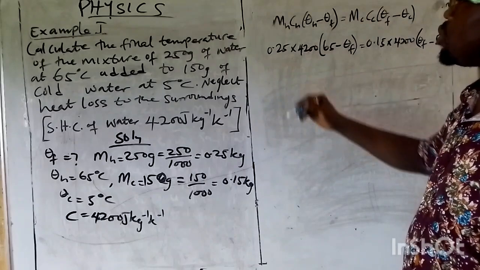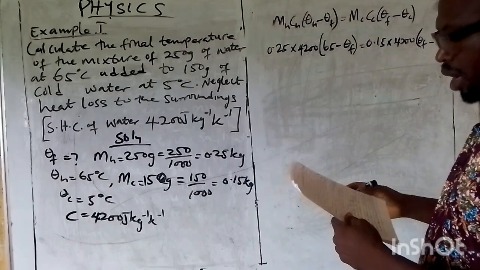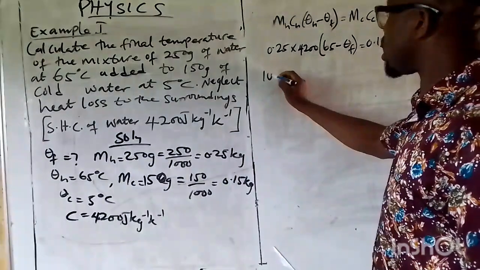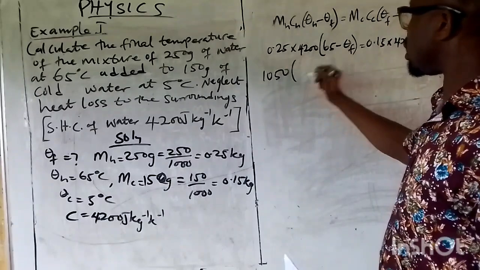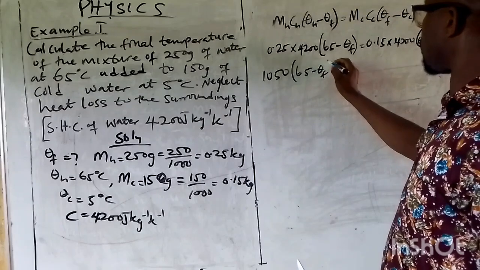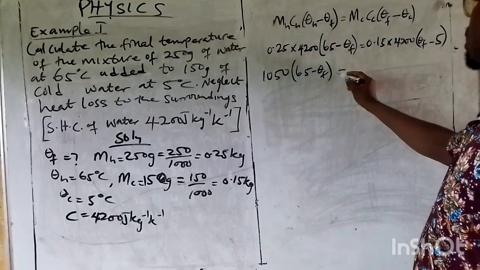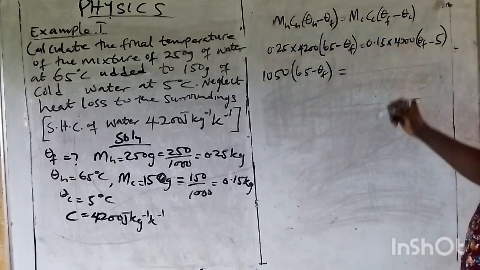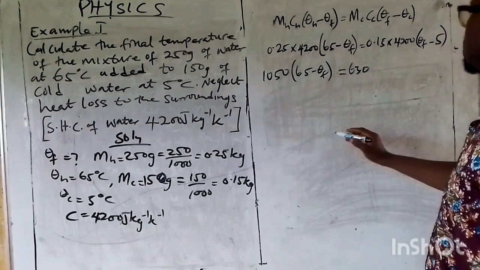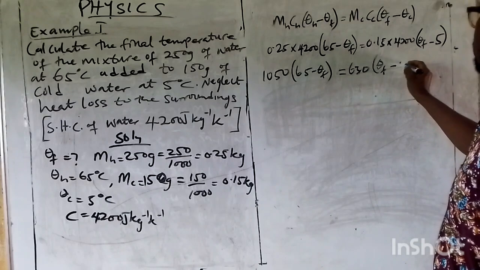Multiply out 0.25 times 4,200, which gives 1,050, times (65 minus theta F), equals 0.15 times 4,200, which gives 630, times (theta F minus 5).